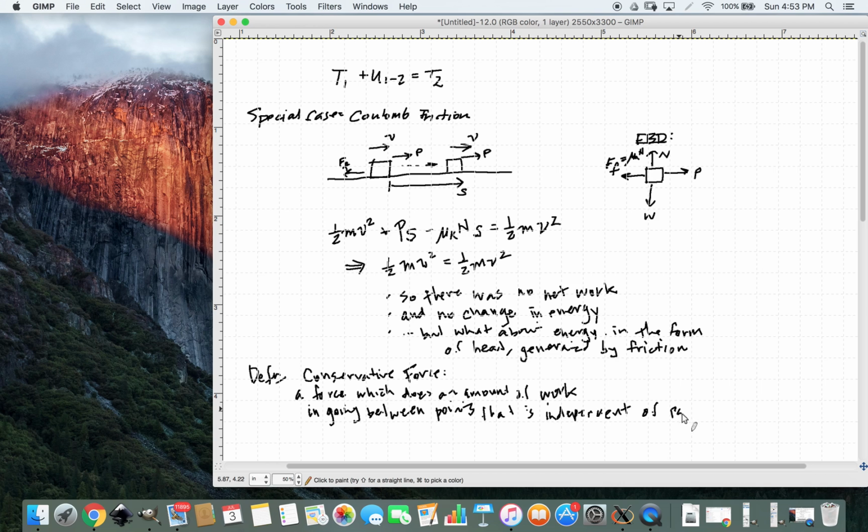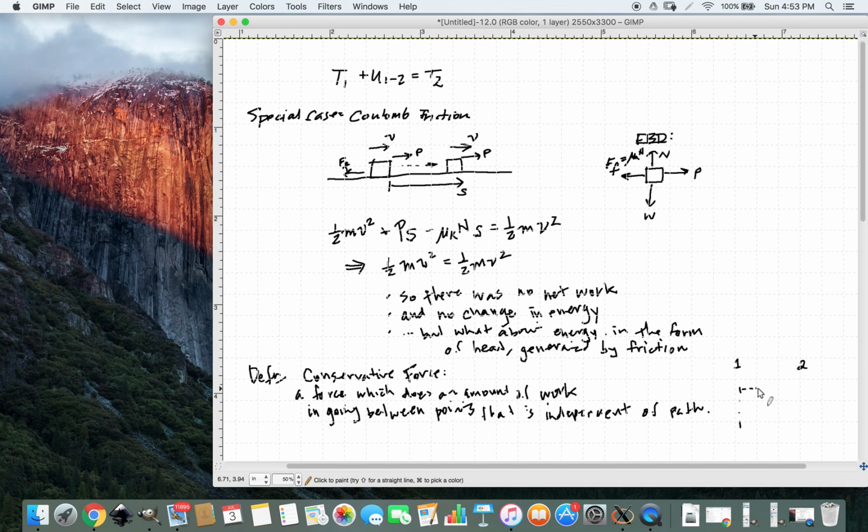So let me just be clear about what that means. That means, for instance, that if you had chosen to move the block, okay, so let's consider two scenarios where you move the block from point 1 to point 2, and in the one case, you move exactly straight forward.